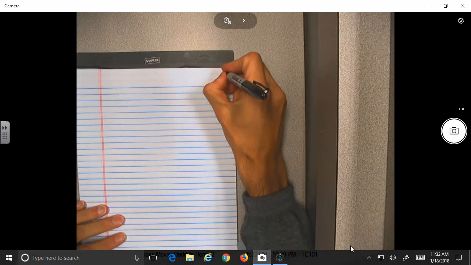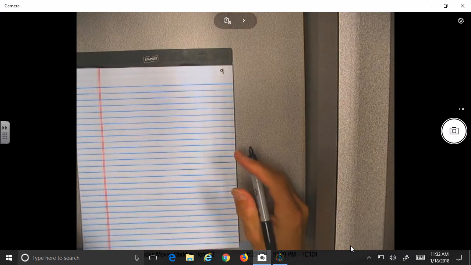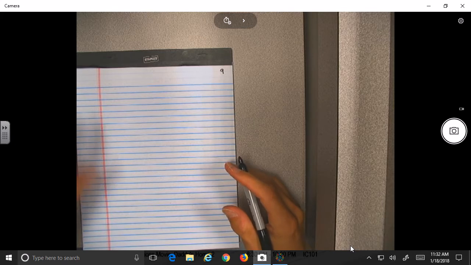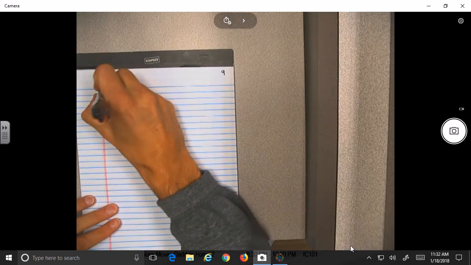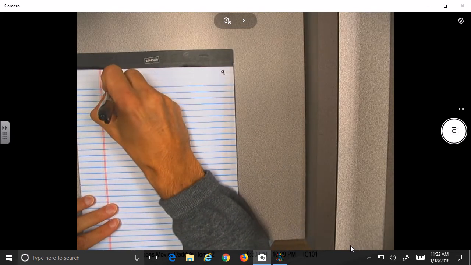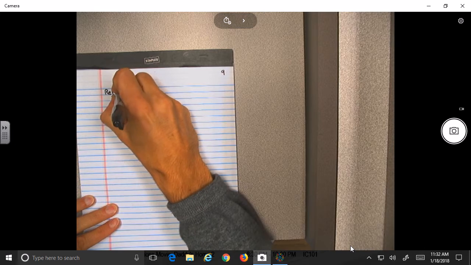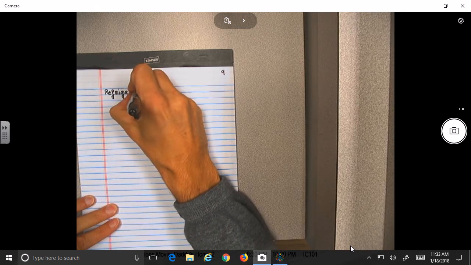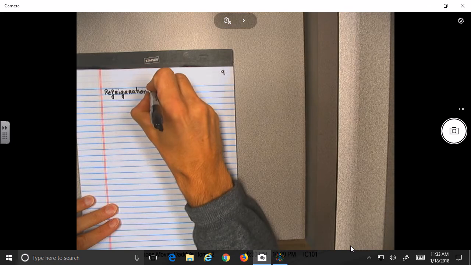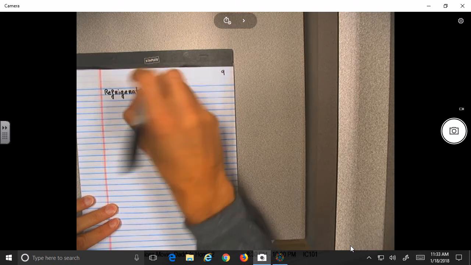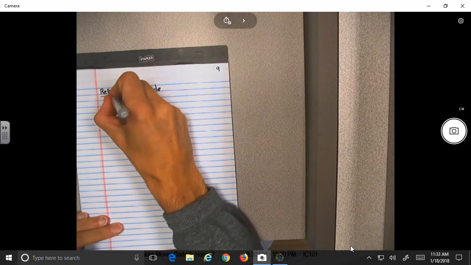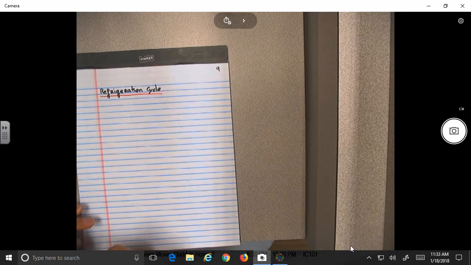So page 9. So not today because it's cold, but most of the year we are happy that we have what in Florida? Heat, but when we're inside, refrigeration, no? Got refrigeration.